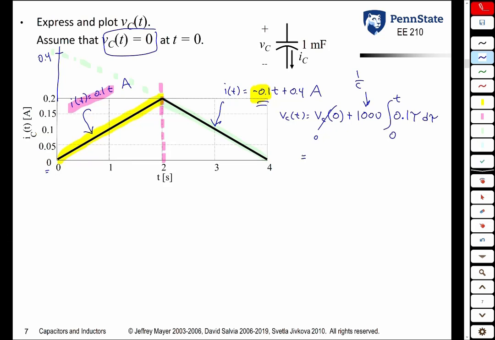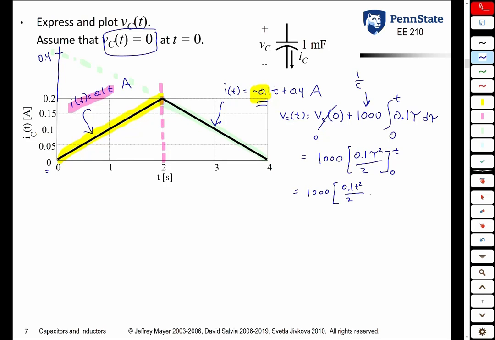So VC of t is going to be 1,000 times the integral of 0.1 tau. The integral of 0.1 tau is 0.1 tau squared over 2. And we're going to evaluate that at the lower limit and the upper limit. So you get 1,000 times 0.1 tau squared over 2, replacing tau by t. So you get 0.1 t squared over 2.